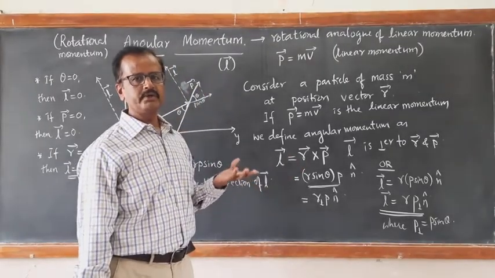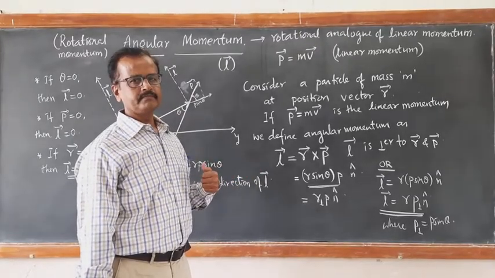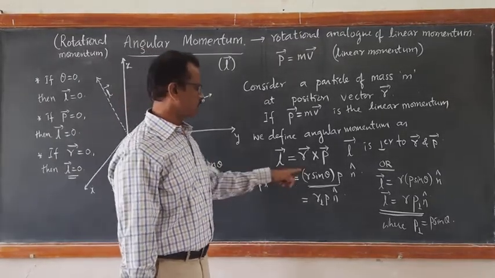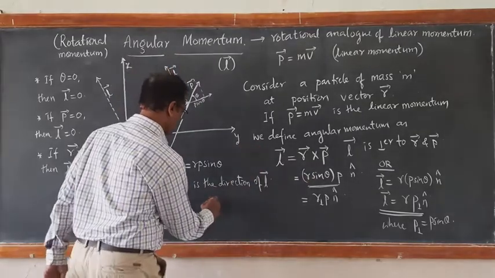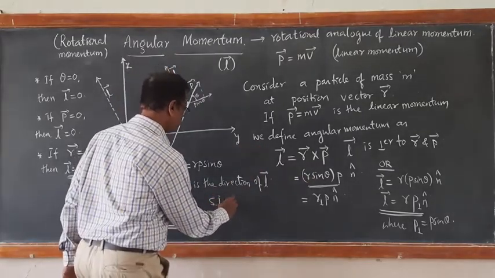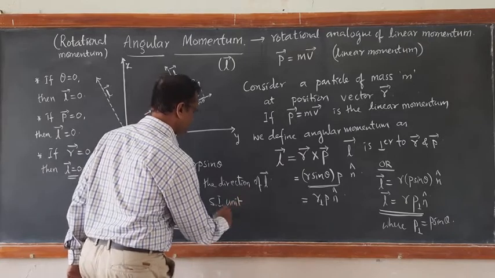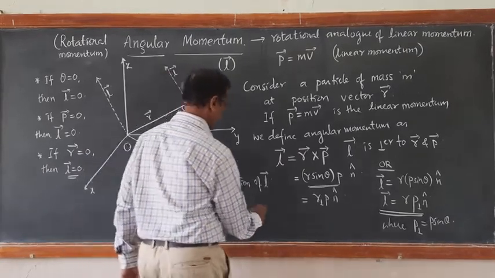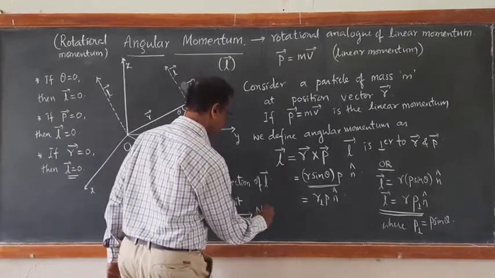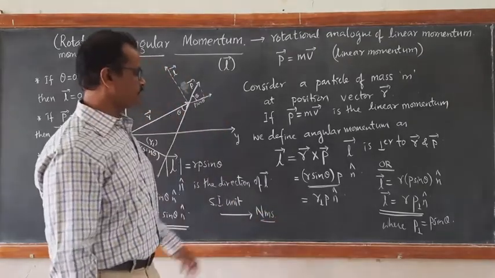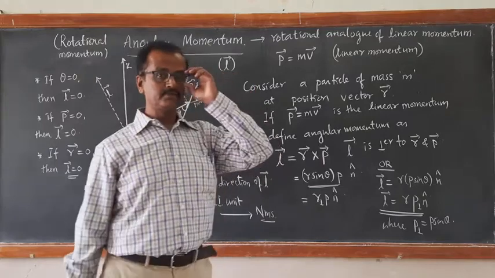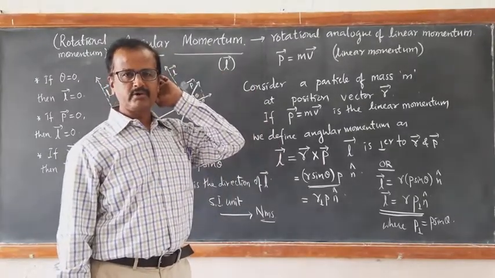So it becomes Newton meter second. So the SI unit of angular momentum is Newton meter second, because the SI unit of linear momentum is Newton second. I think you got the point.